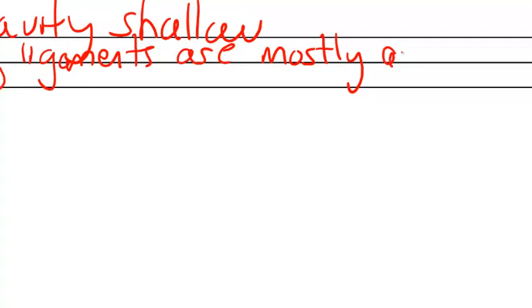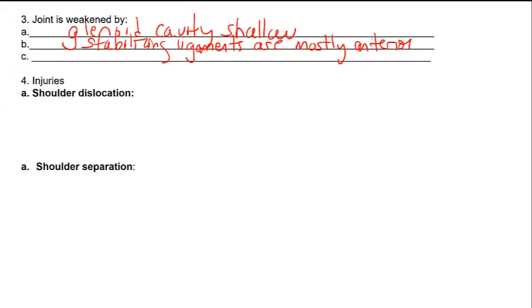And so that's a weakness. And lastly, the joint capsule, which is made of fibrous tissue, the dense irregular, is very thin, so it doesn't help stabilize as well. So these are the things that weaken the joint. We talked about muscle tone being the most important thing that stabilizes the joint.